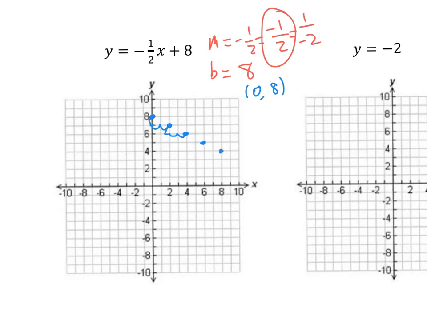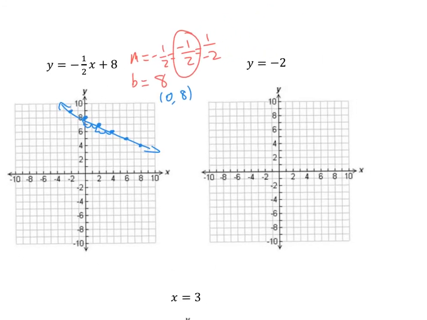Again, though, we could go up 1 and to the left 2 as well. And this looks like it makes sense. This makes sense because the slope of our line is negative. Okay, we're going down and to the right gradually, so we know that we graphed it correctly.